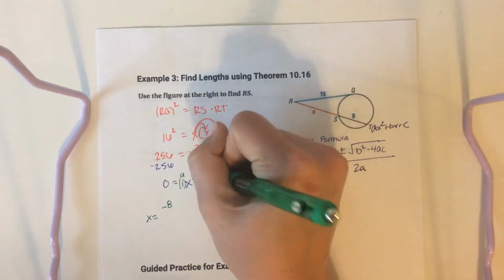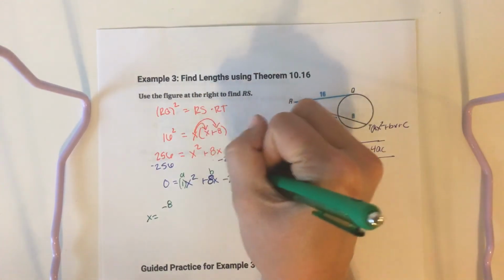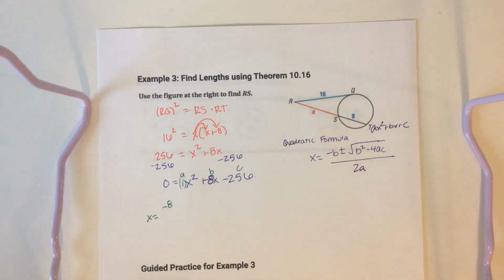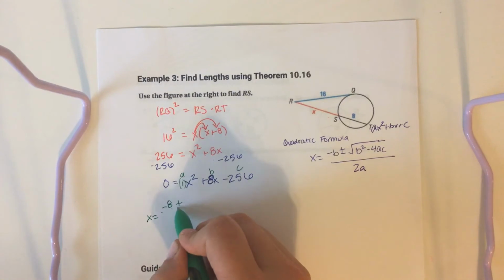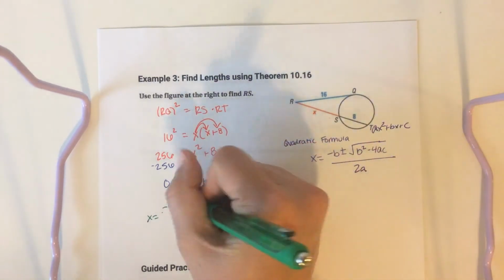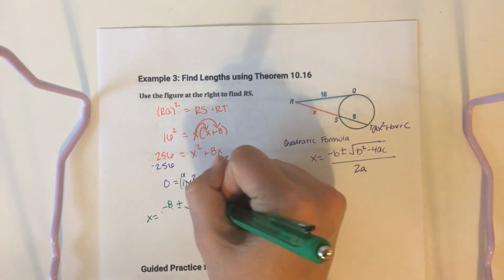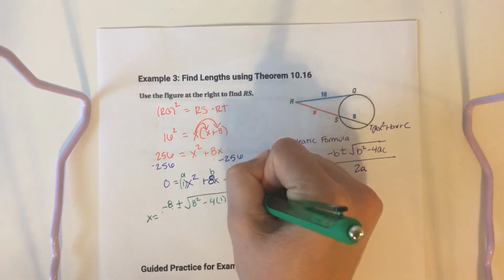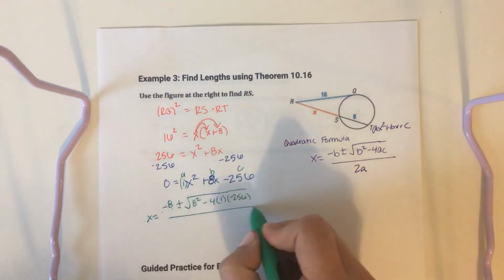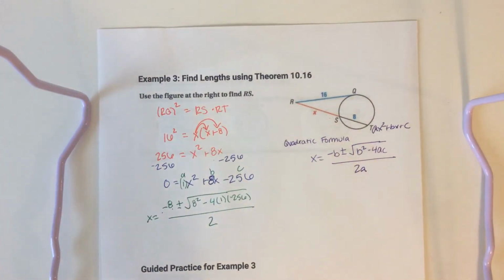My a is 1, this 8 is my b, making the negative 256 my c. So negative b, negative 8, plus or minus square root, b squared is 8 squared, minus 4 times a is 1, times c is negative 256, all over 2a, which is just going to be 2 times 1.